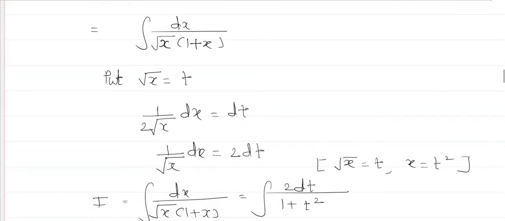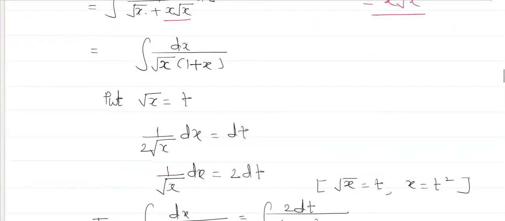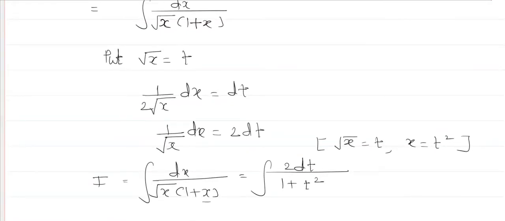Let us differentiate this. What is the derivative of root of x? 1 upon 2 root x, dx is equal to dt. Now what is our value, dx upon root x?